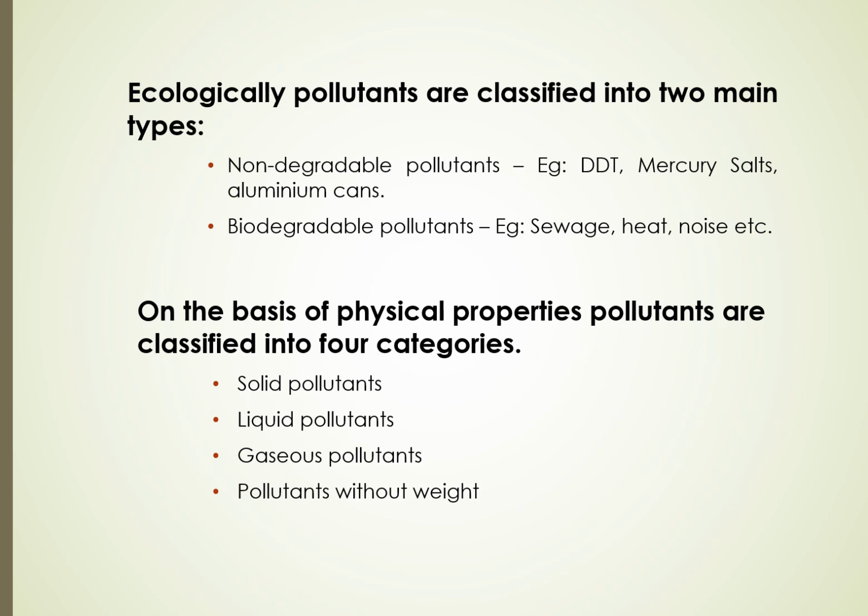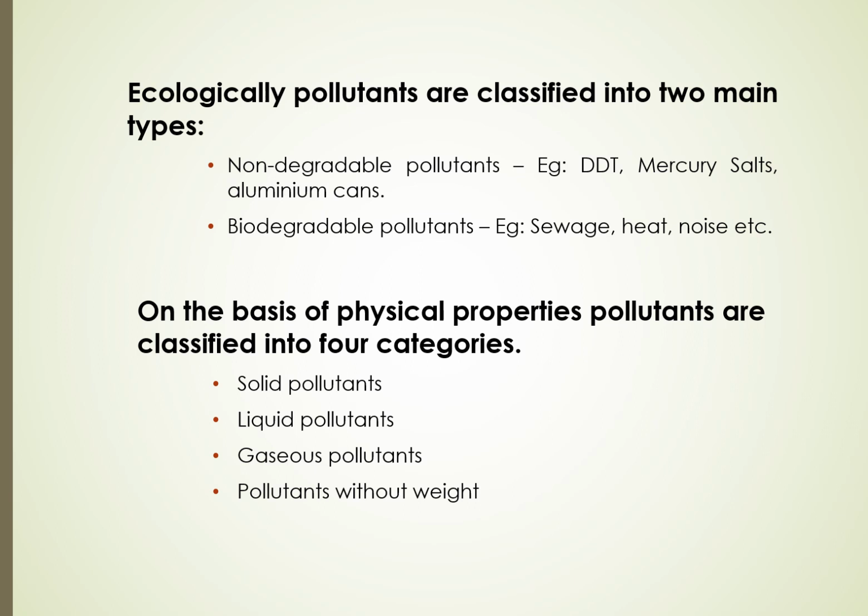Examples for non-degradable pollutants are DDT, mercury, salts, aluminium cans, etc. Biodegradable pollutants. The pollutants which can be decomposed by natural processes are called biodegradable pollutants. Examples for biodegradable pollutants are sewage, heat, noise, etc.